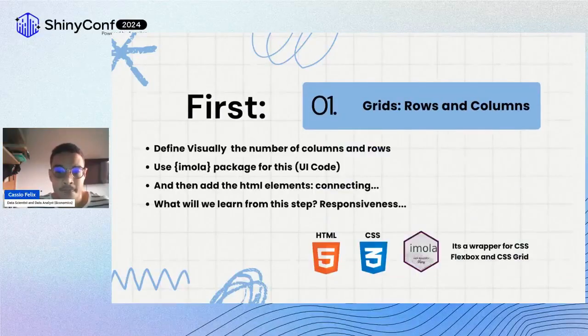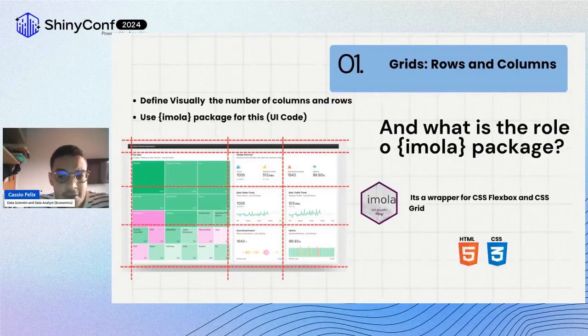So what I mean when I say I like to define visually the number of columns and rows is simply drawing on the screen vertical and horizontal lines. And once we do this, we can see as an output small blocks and bigger blocks in general.